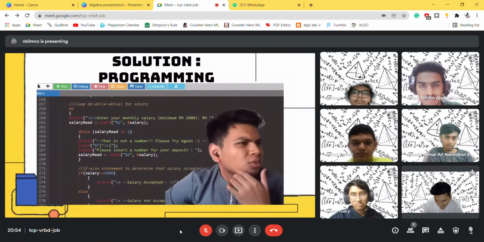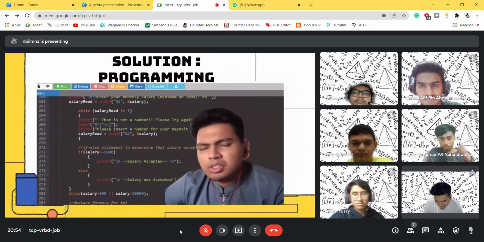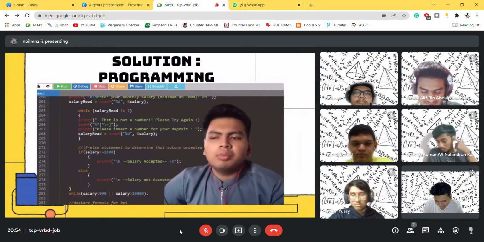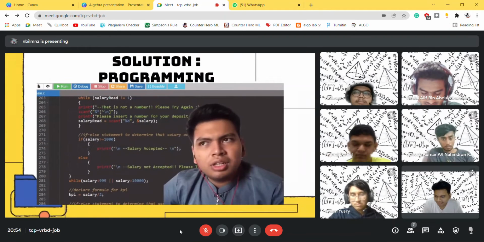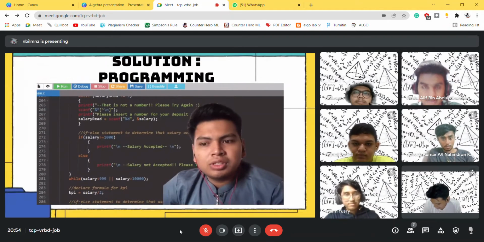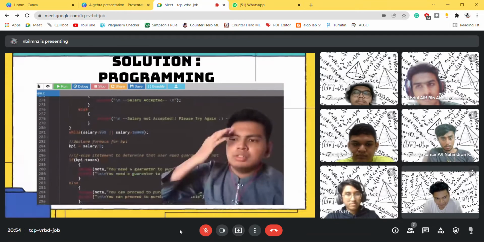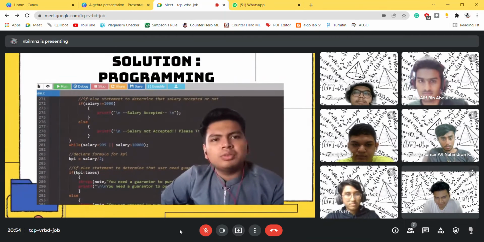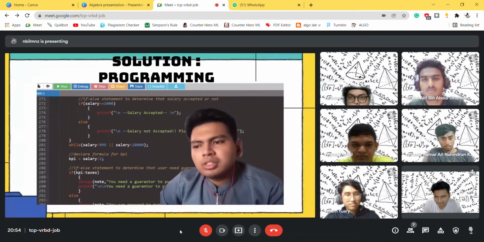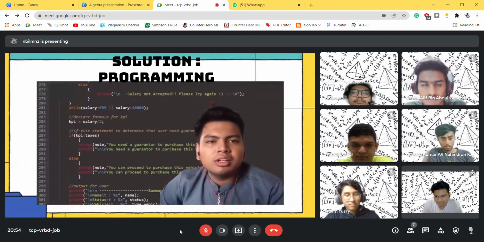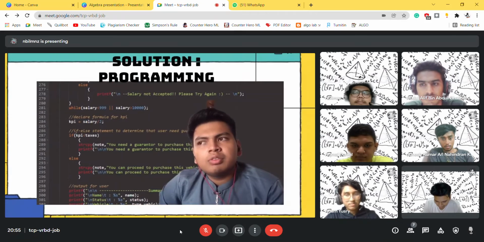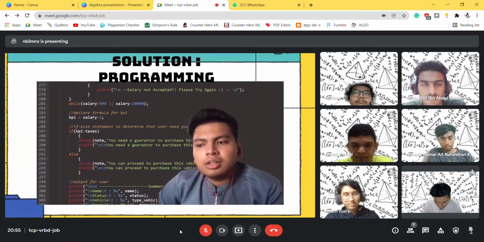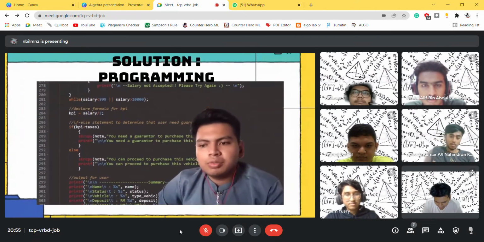Salary is equal to Z, which is just for the KPI. The KPI determines whether the user needs a guarantor or can purchase by themselves, I think. Z divided by 2: if less than taxes, they need a guarantor. If the KPI is more than the taxes, monthly payment including taxes, they can proceed to purchase this vehicle.